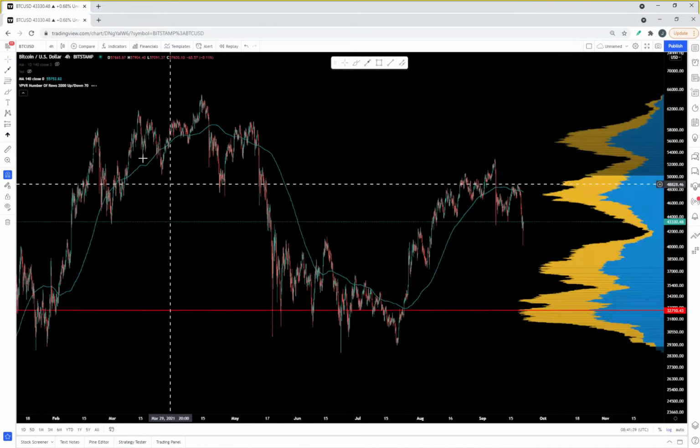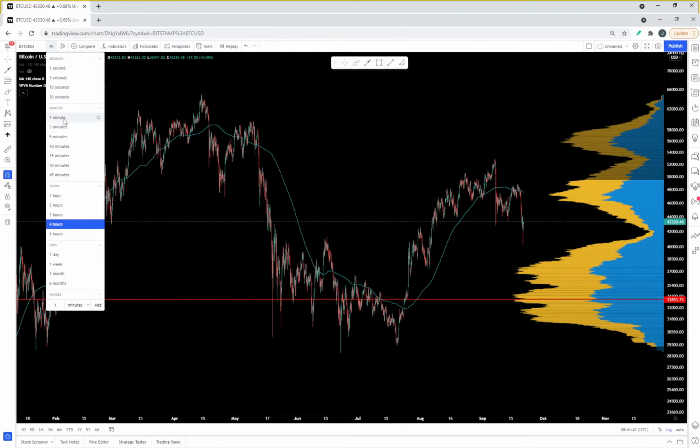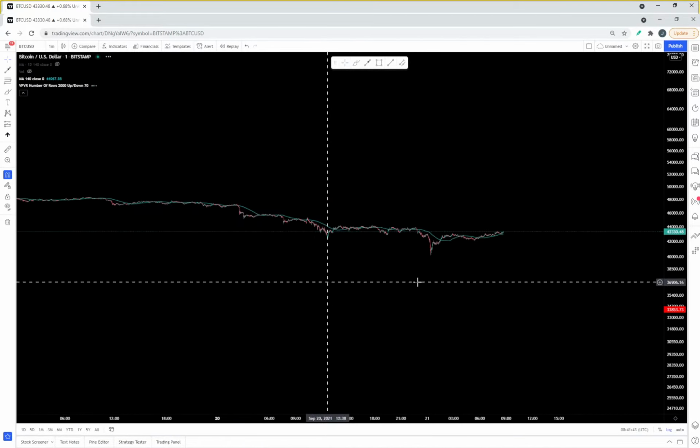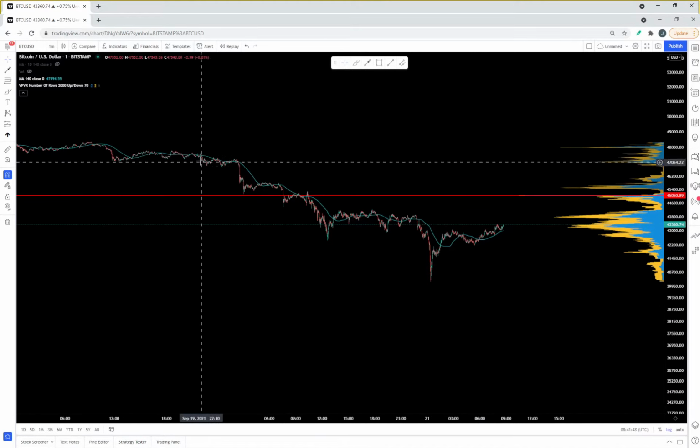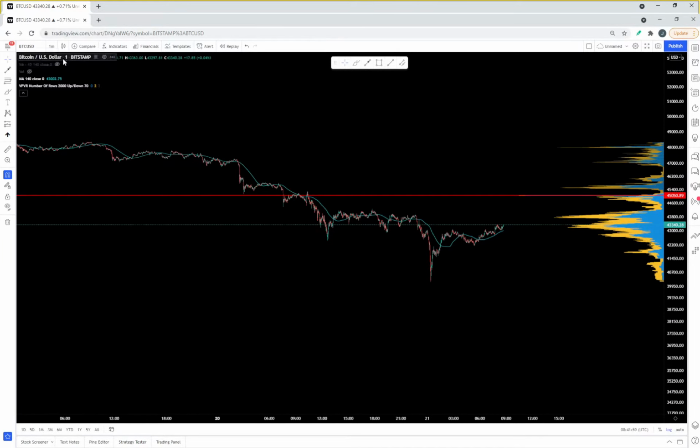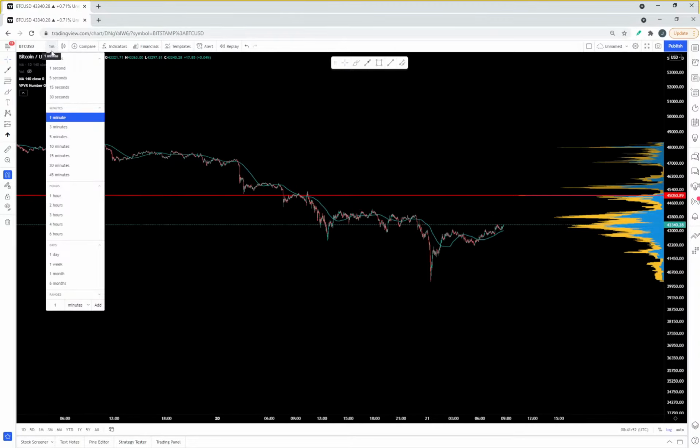And if you're looking at super small time frames, you're not going to get an accurate picture of where the levels are at, because support and resistance becomes less useful the shorter the time range you look.